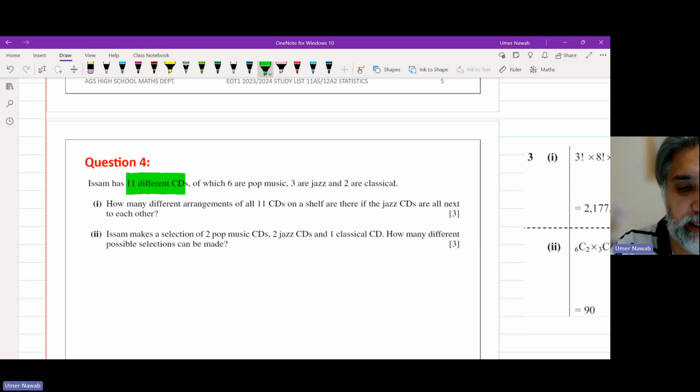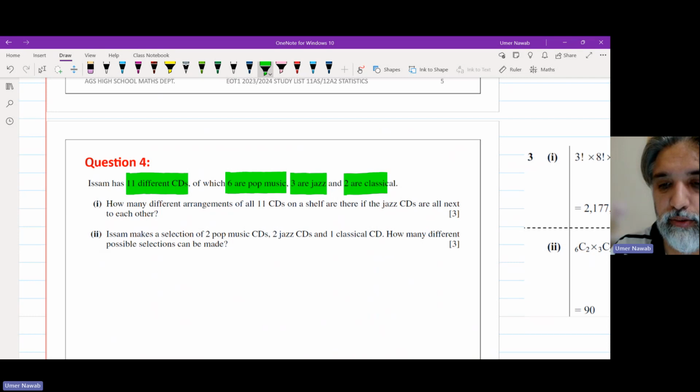So total 11 CDs, 6 pop, 3 jazz, and 2 classical. Done?